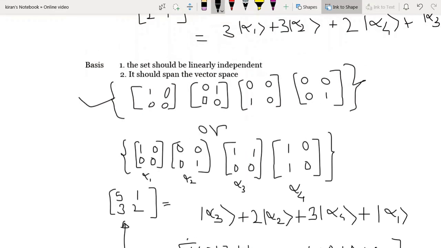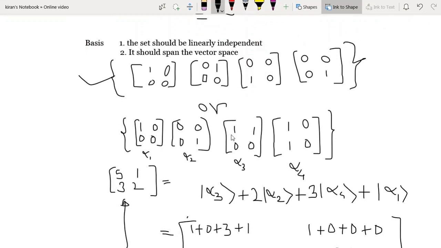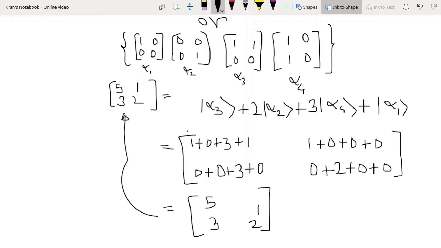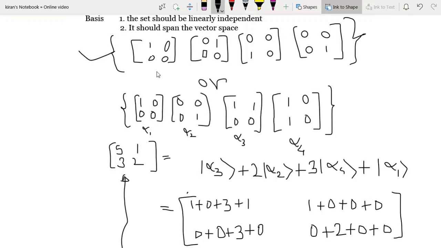So this proves that the choice of basis vectors is not unique. I can have more than one basis set. The representation in different bases is different. For example, the representation of this matrix in this basis will have the components 5, 1, 3, 2: 5 alpha 1, 1 alpha 2, 3 alpha 3, and 2 alpha 4.